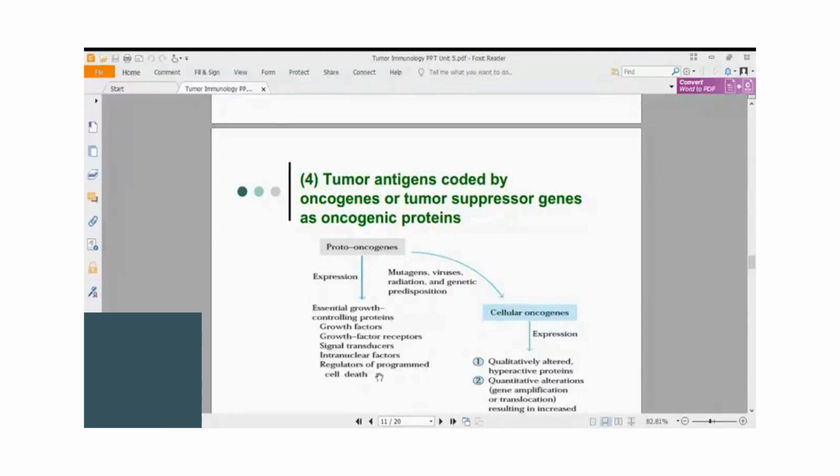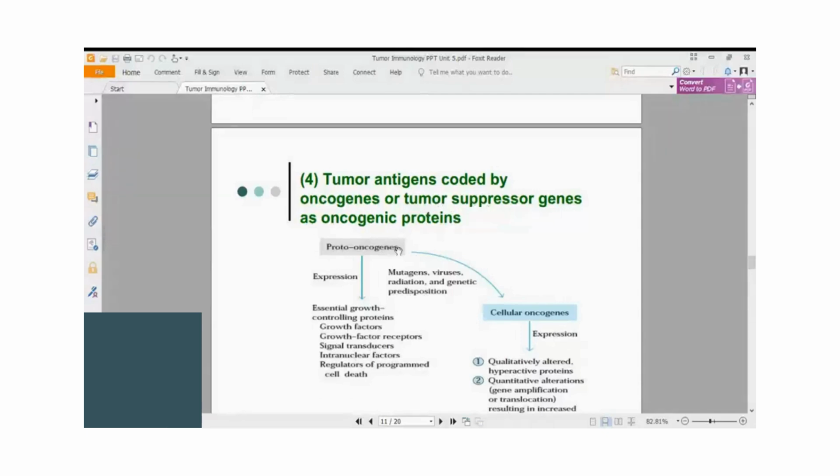And some are very high regulatory proteins. They are responsible for programmed cell death, that is apoptosis, and some of them are regulators of the cell cycle, and they are called tumor suppressor genes. So the proto-oncogenes, which perform different normal functions in the cell, some of them belong to the tumor suppressor category. They do not allow the tumor to occur because they keep the cell cycle under regulation.